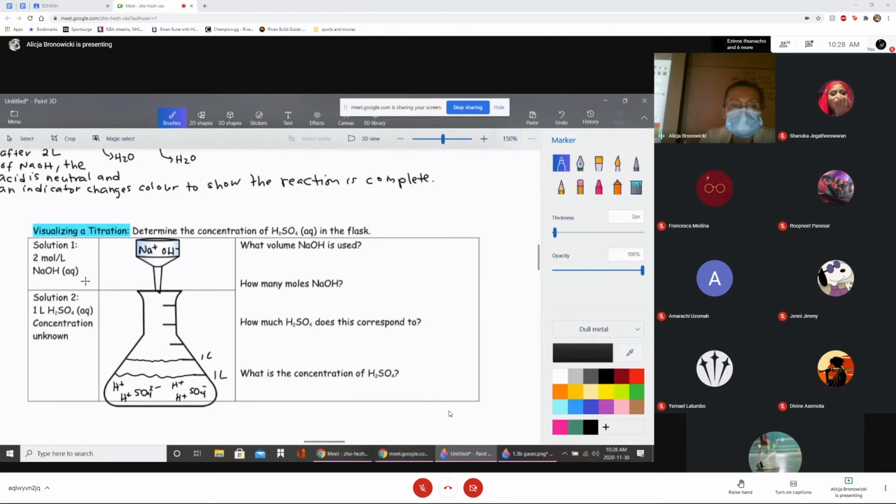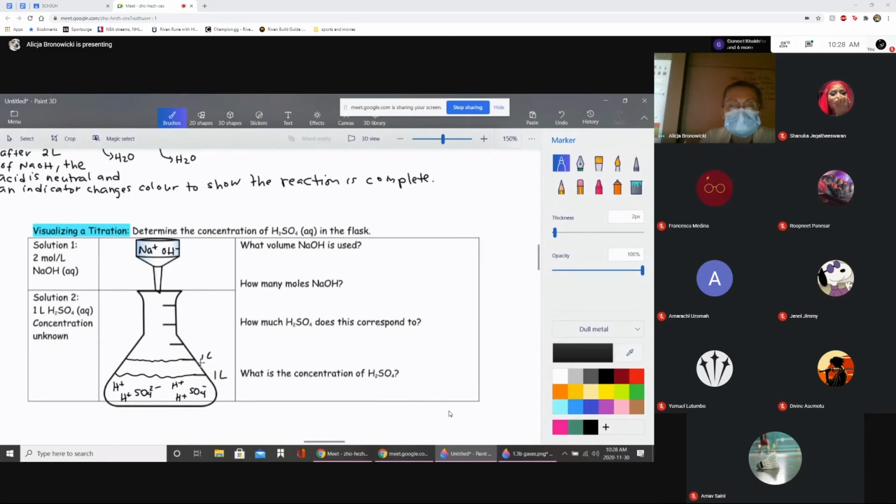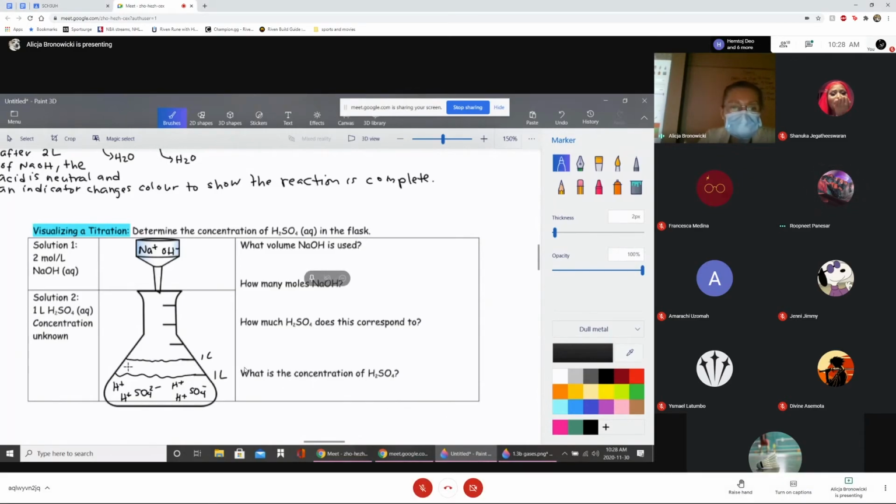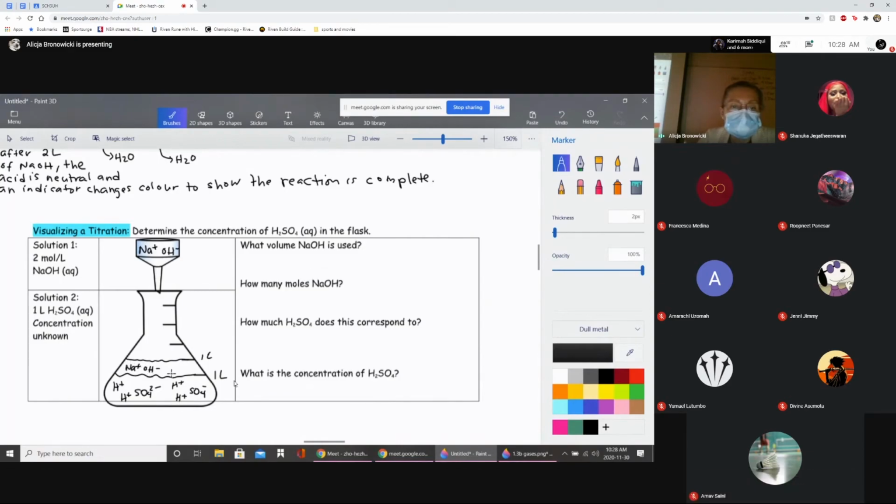It's 2 moles per liter, and I've poured in 1 liter. 2 moles. Good, excellent. So Na plus, OH minus, Na plus, OH minus. So I have neutralized some of this acid. This OH minus neutralized some acid, this OH minus neutralized some acid.